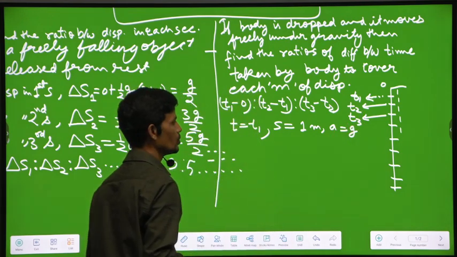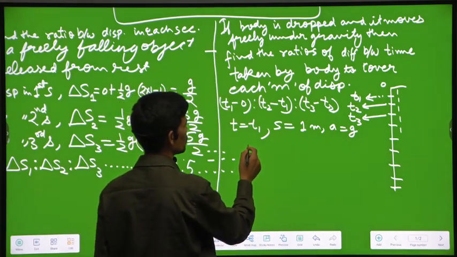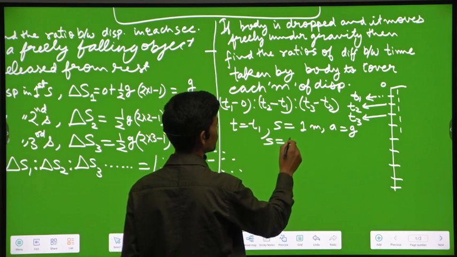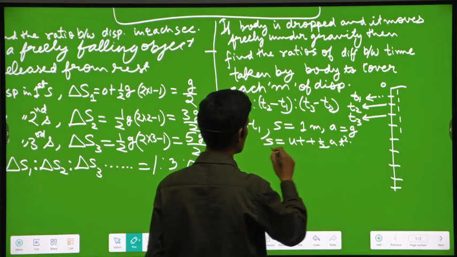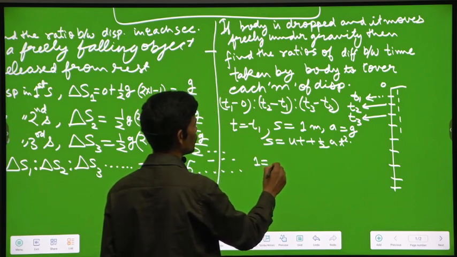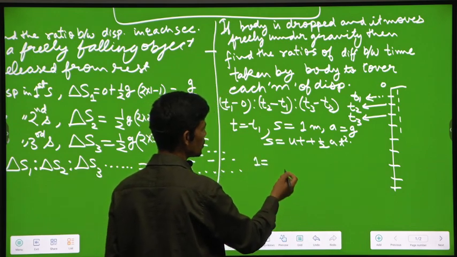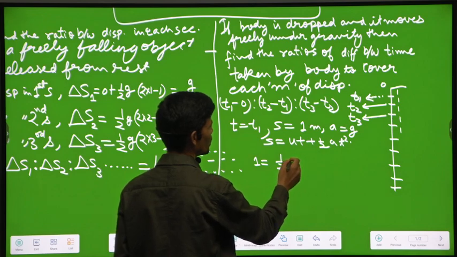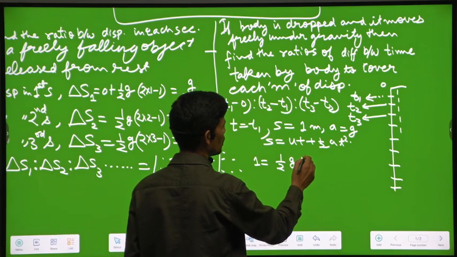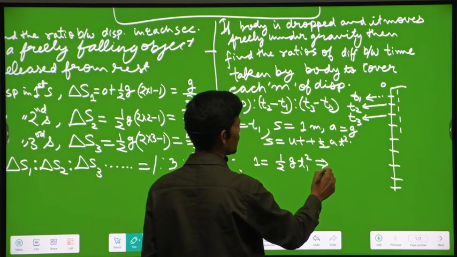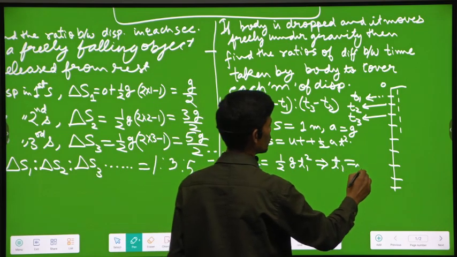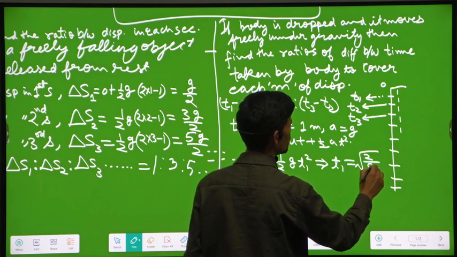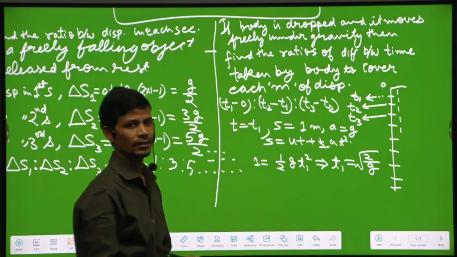So s equals ut plus half a t square. It will be 1 equal to, u is 0, so half g t1 square. That is, t1 is equal to root 2 by g.